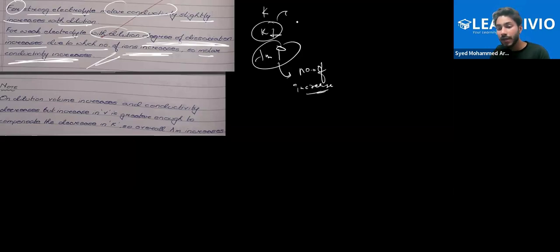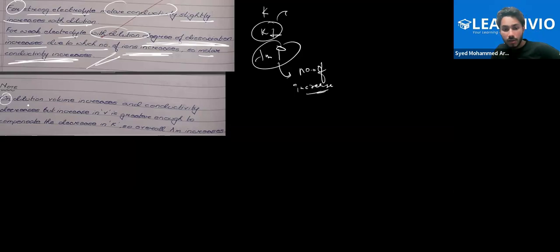If the examiner asks you the reason, it is that the number of particles increases. And if the examiner asks why the conductivity decreases, the answer would be that the number of particles decreases in a unit volume due to the increase in the volume.